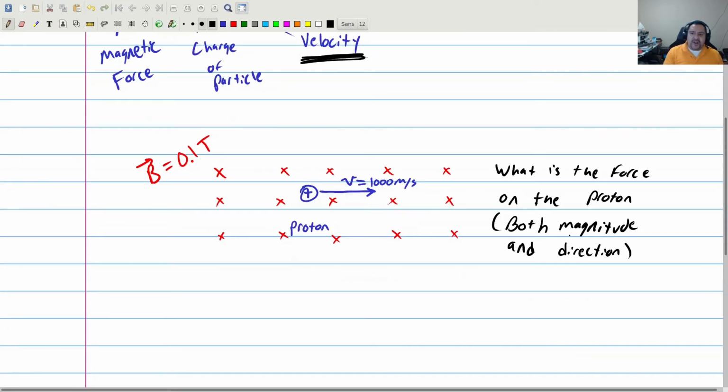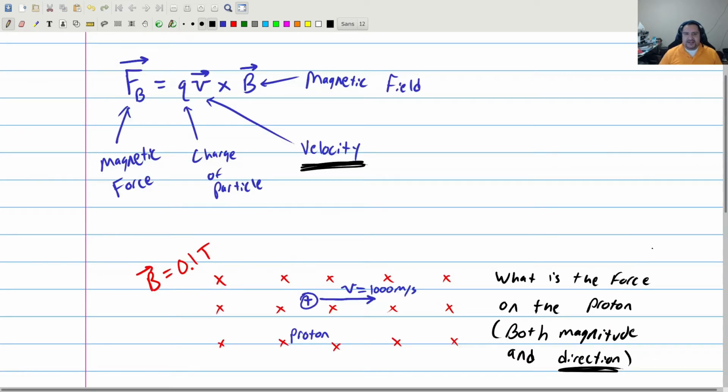So let's start by figuring out direction, because that's actually the harder part of this. So the first thing we're going to do is look back at this formula, and we see that it is Q, V cross B. So the cross product is between V and B, velocity and magnetic field. So we're going to take our index finger and point it in the direction of the velocity, which to me is to the right.